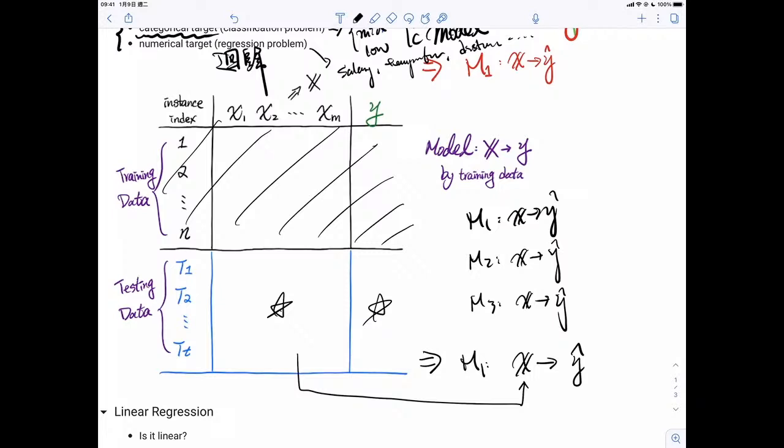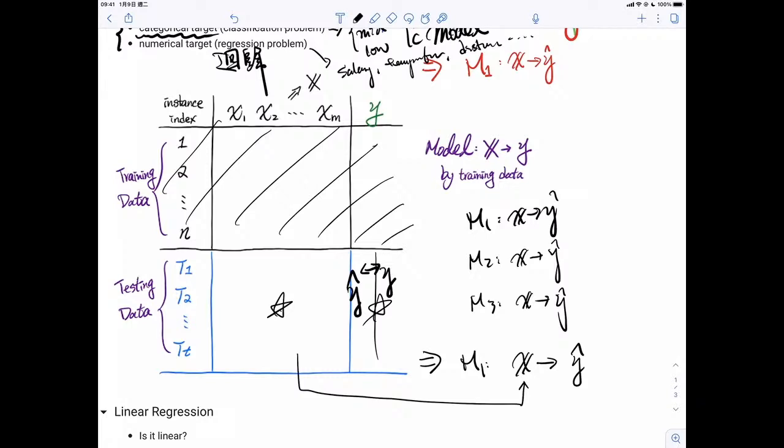Your model outputs Y hat, right here. However, meanwhile, you have the ground truth answer. Ground truth 就是正确答案哈。Ground truth answer right here, which is Y. You can simply compare the prediction value Y hat and Y, to see the difference between Y hat and Y.